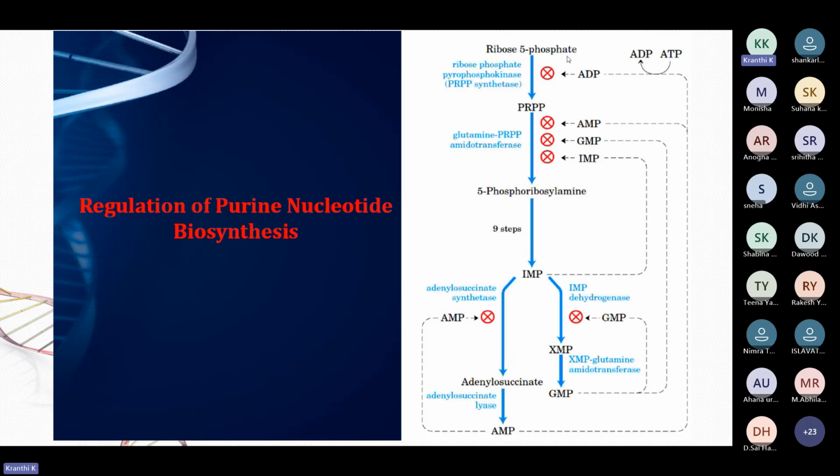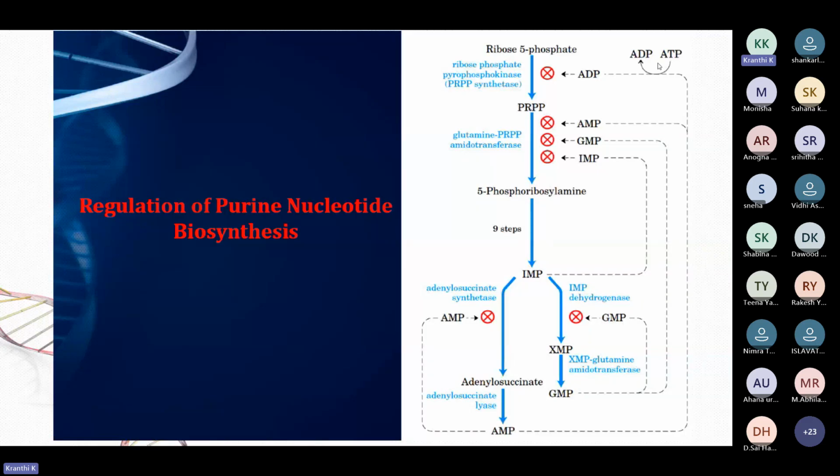So here how is it regulated? The entire ribose 5-phosphate will not be converted to the PRPP. Why? Because once we have sufficient ATP, it is stopping here. ATP is needed here to convert it, but already the ATP is utilized.